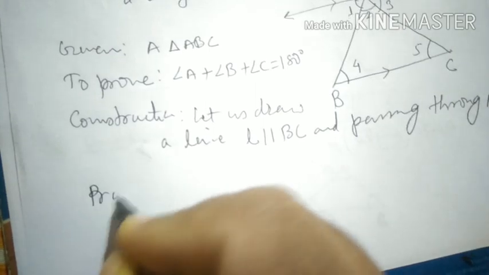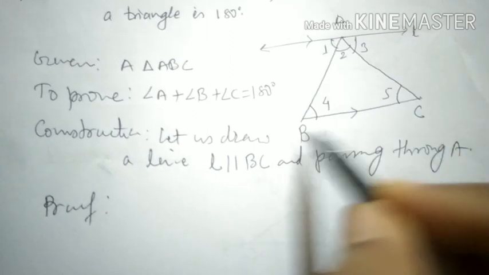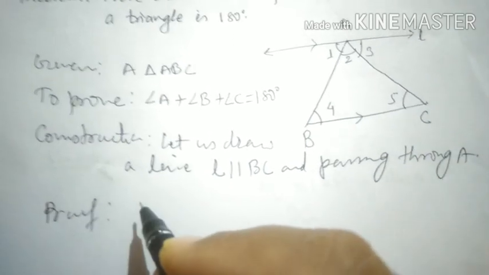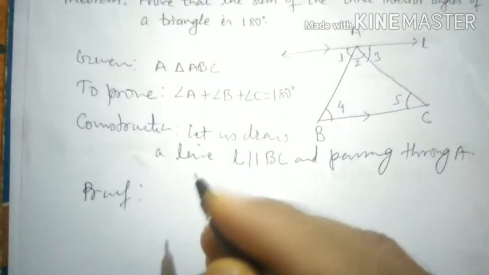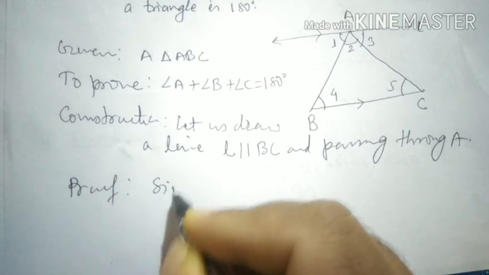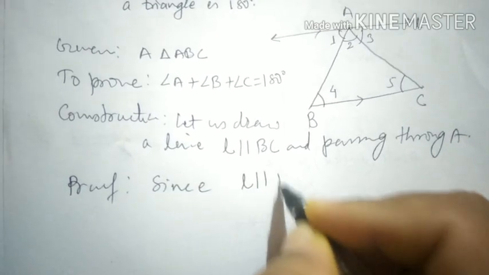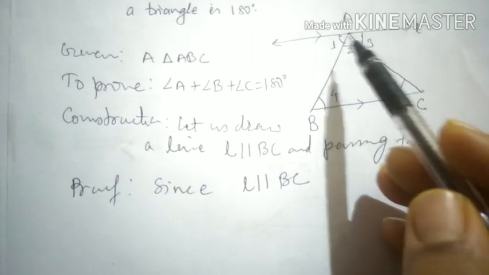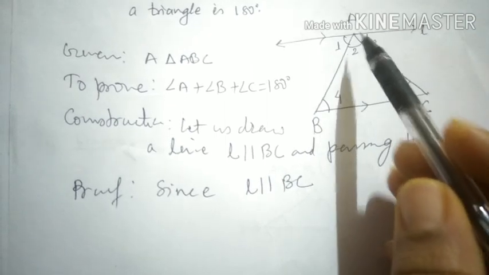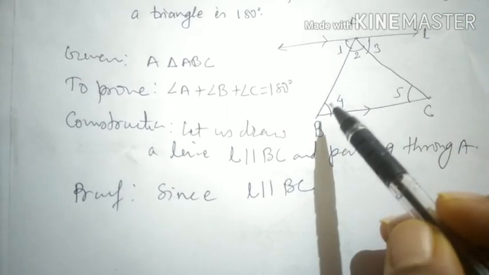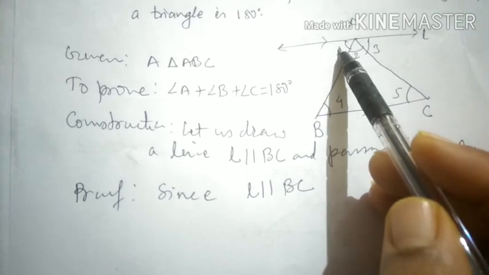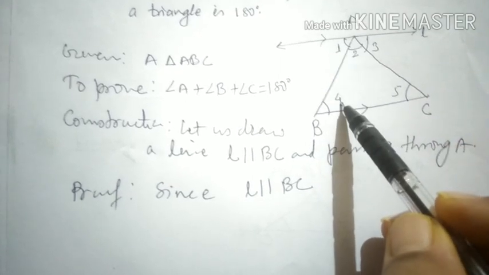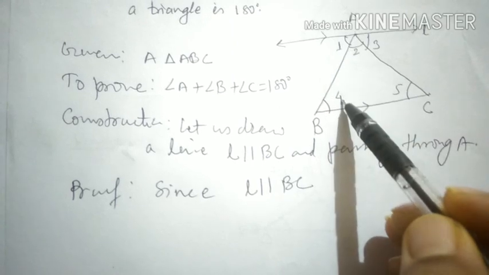Proof. Here we see that L is parallel to BC. Since the line L is parallel to BC, and we see that AB is the transversal line, angle 1 must be equal to angle 4. Why must angle 1 be equal to angle 4?